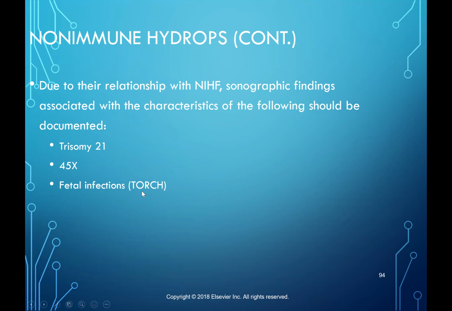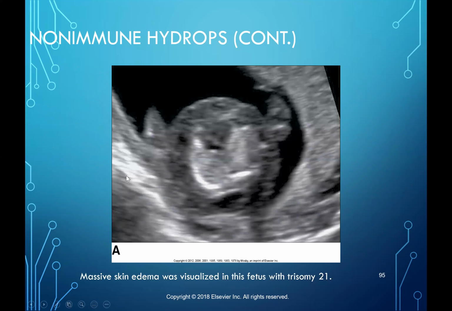The other thing I've seen is if a baby has an infection such as toxoplasmosis, rubella, cytomegalovirus, any kind of thing that can occur to them in early pregnancy where there's an infection that the baby is exposed to can cause non-immune hydrops. Those are the times that I have seen it the most.